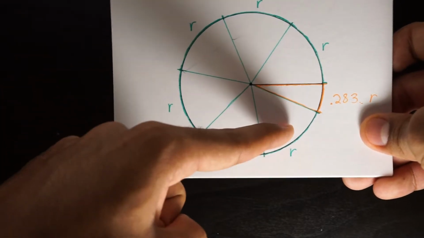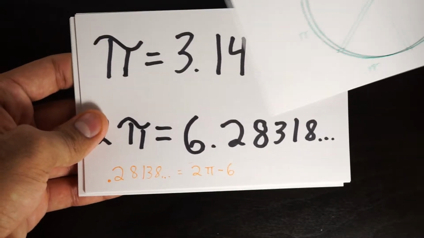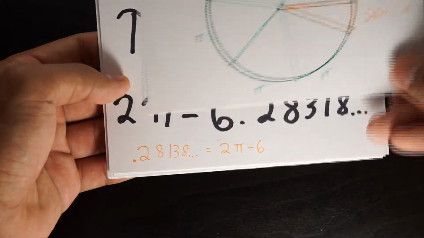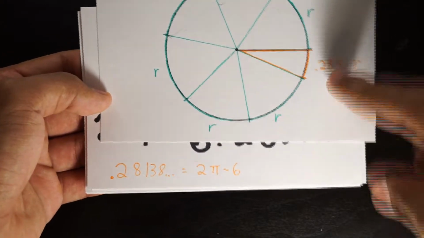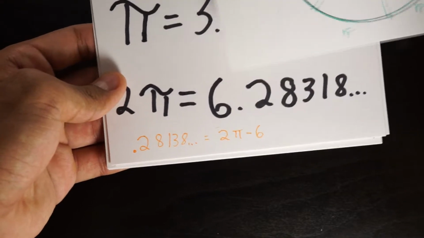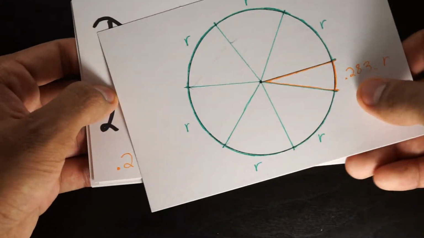6 lengths of the circle's radius with a little bit here representing the decimal points for 2 pi. And the way to represent this little bit here without using all the digits would be simply calling it 2 pi minus 6. It would be all these digits minus 6, and we get the decimals.